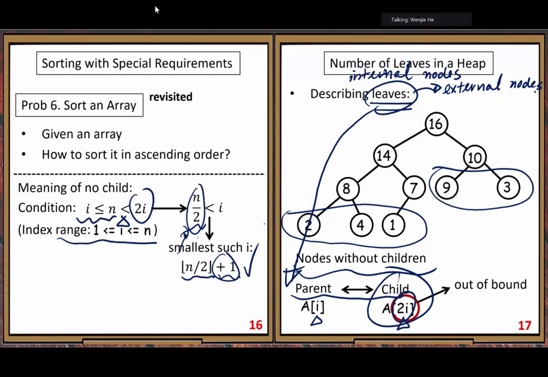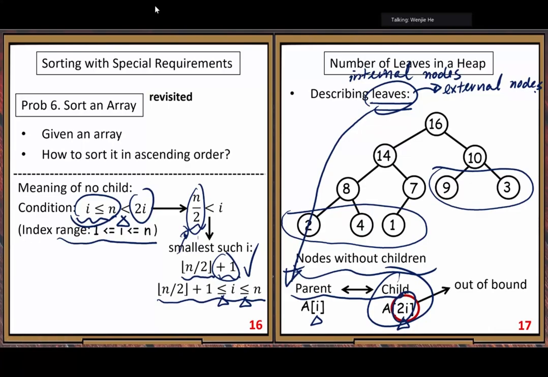So we get a lower bound. Upper bound, it's already there, right? I less than or equal to n. So we find the appropriate range for index I. That is this inequality, both with equalities included. All right.